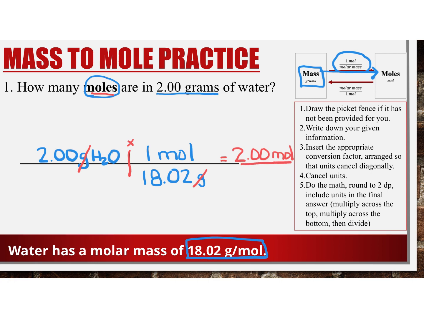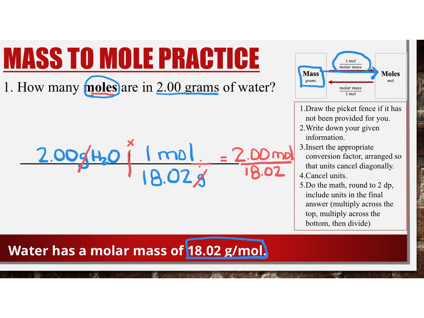And if we multiply across the bottom, we're left with 18.02. Now that we have multiplied, we are going to divide. Remember, this line represents a division line.